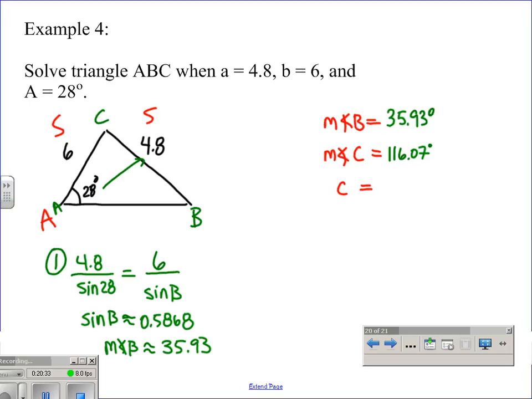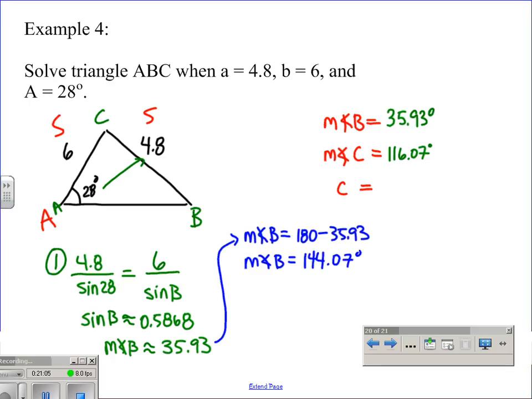Now, from that, I do know that there is another possibility. Since it's an ambiguous case, the second possibility is that the measure of angle B is equal to 180 minus the 35.93. If that's the case, then the measure of angle B is going to be 144.07 degrees.